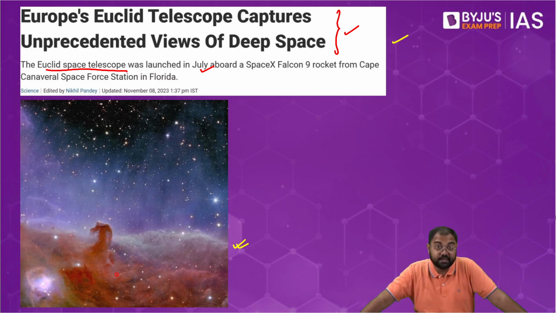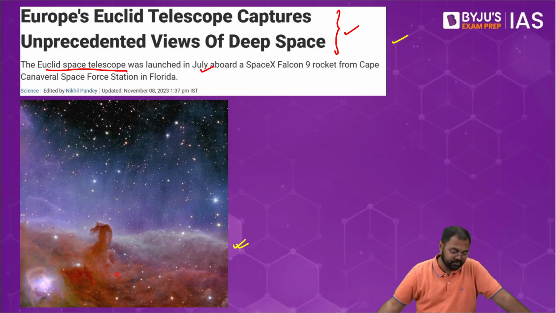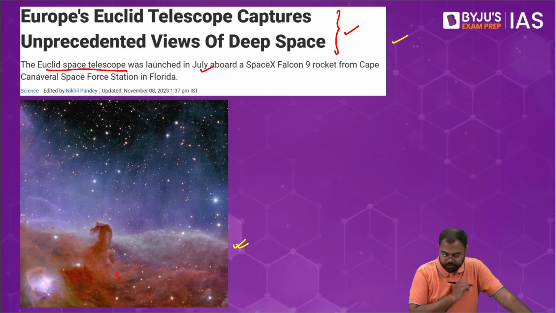For the first time, these images have been published today. Yesterday it was in the news that very soon, maybe within a day, the first images will be released, and today in the afternoon they released these pictures. Look at the time.